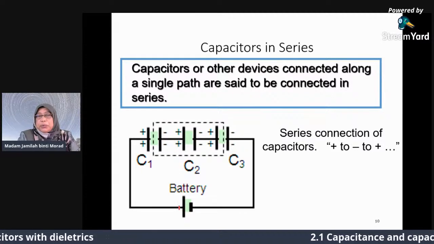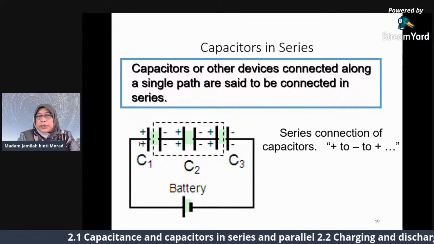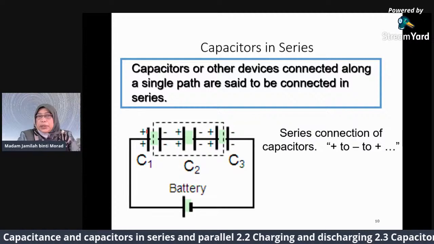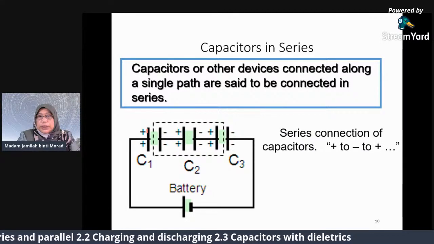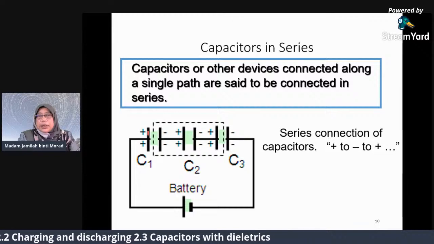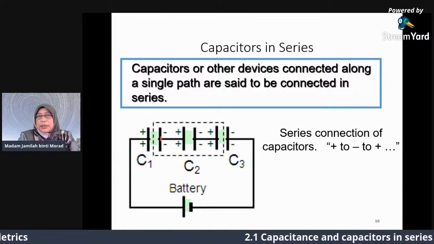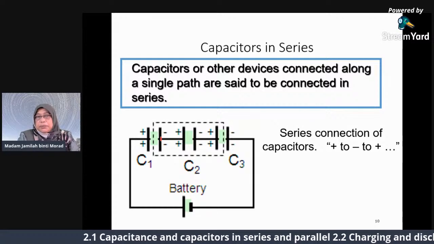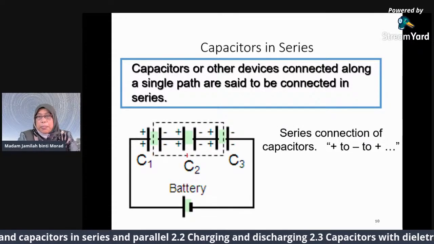The charge moves from the battery when the circuit is completed, and then it moves to capacitor 1. The plate on the left hand side acquires positive charge, so there will be extra positive charge here. Then the positive charge on the other plate will be repelled. You learned about this in topic 1, repulsive force between the same sign of charge.